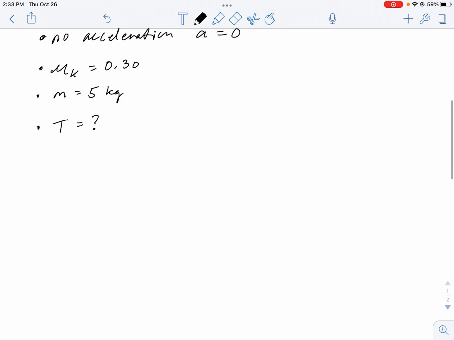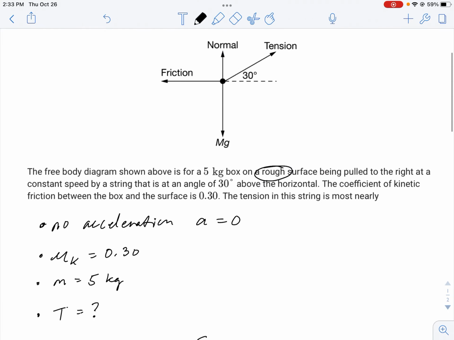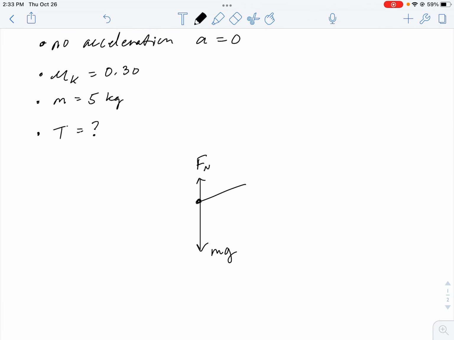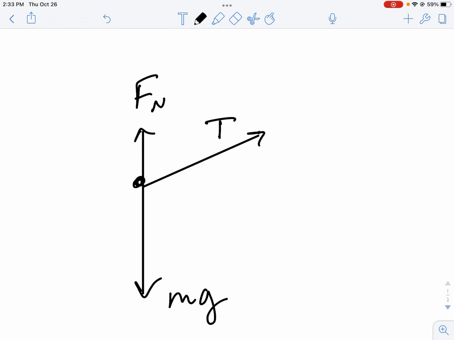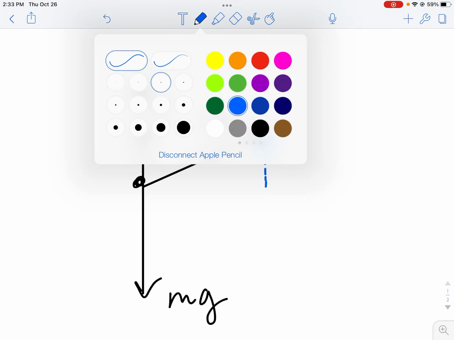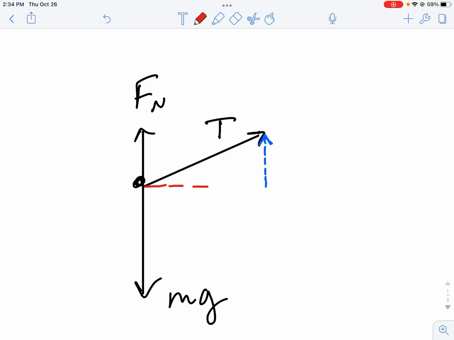Here we go. I'm going to redraw the free body diagram. mg. Notice I'm drawing Fn small, normal force, because it's getting some help from tension. There's a component of tension that's vertical, and there's a component of tension that's horizontal.